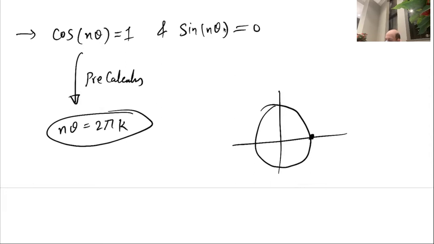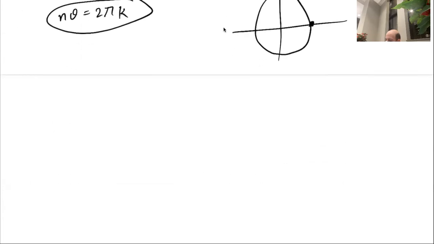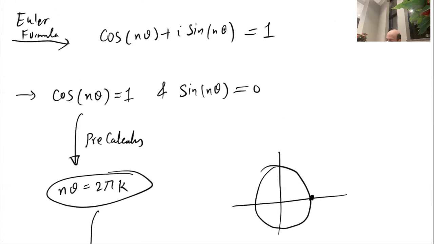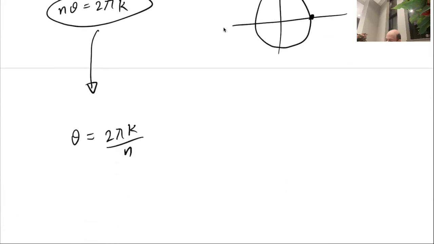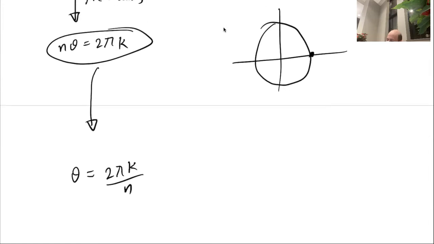So n theta will be equal to 2 pi k, and that means theta is equal to 2 pi k over n, and k is an integer here.